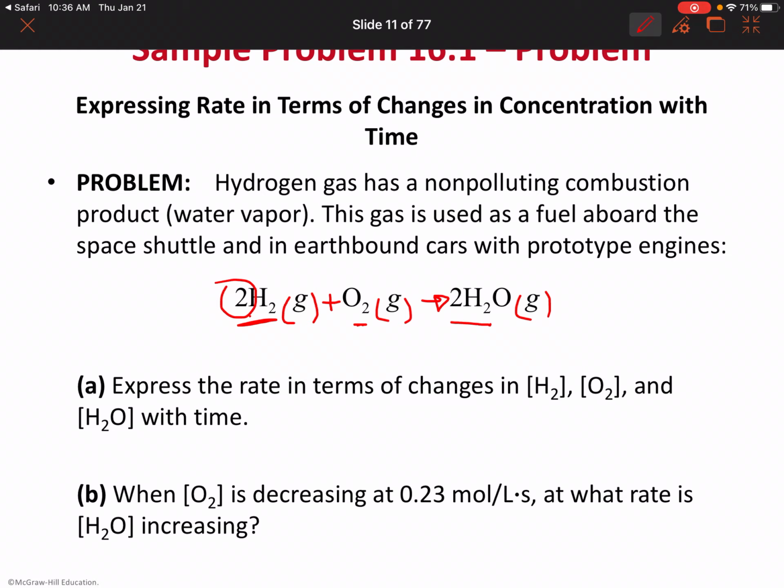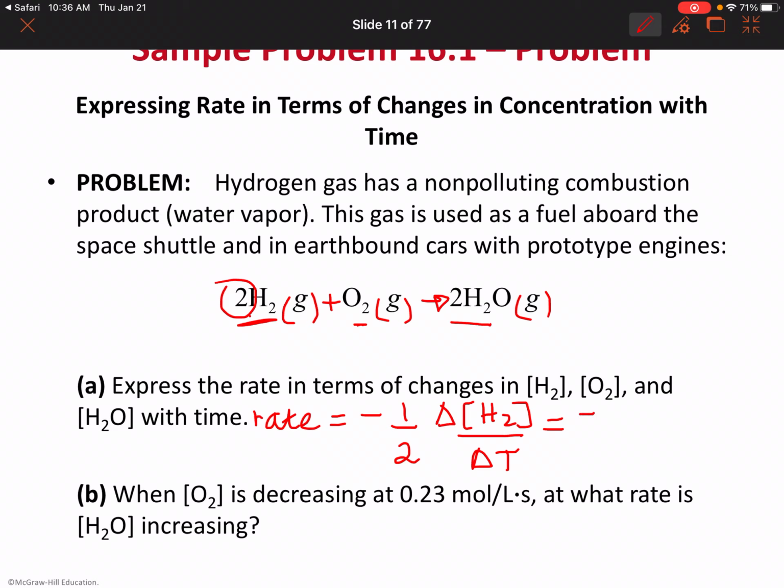So the rate, I'm going to go ahead and write it down over here. Since it's for the reactants, it's going to be negative. So negative for the hydrogen. Remember the coefficient is 2, 1 over 2 delta hydrogen over delta T, which is similar to oxygen, since the coefficient for oxygen is 1.